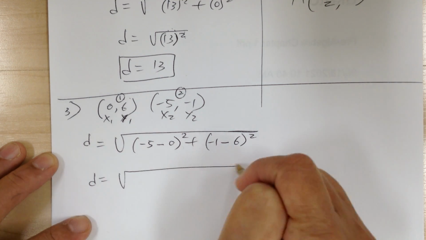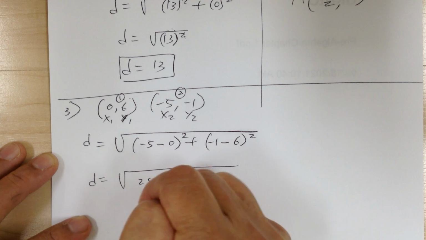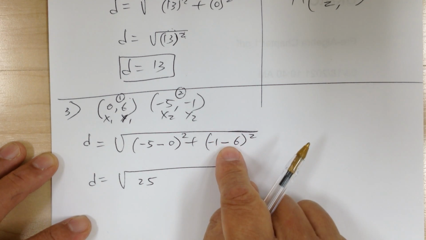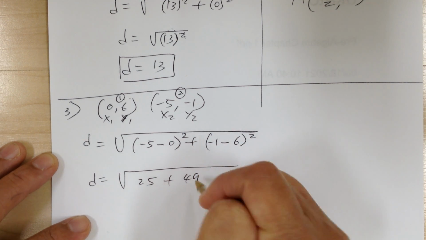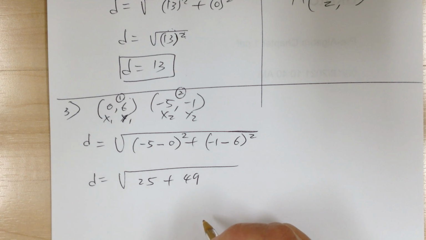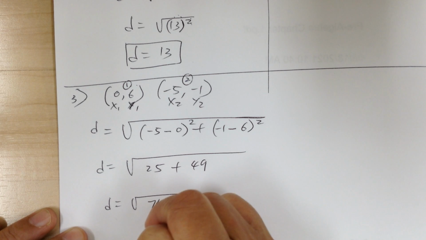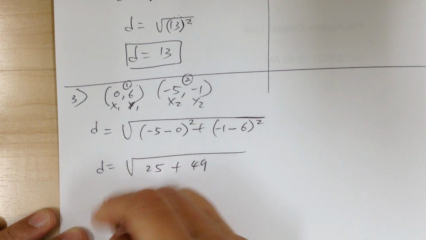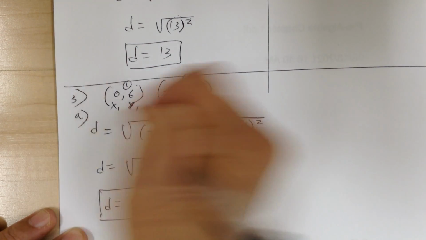So distance equal to -5 minus 0 is your -5 squared, will give you 25. -1 minus 6 will give you -7 squared is 49. And then you add, so distance will equal to square root of 74, and there's nothing you can do, so that's it. Okay. So this is part A.